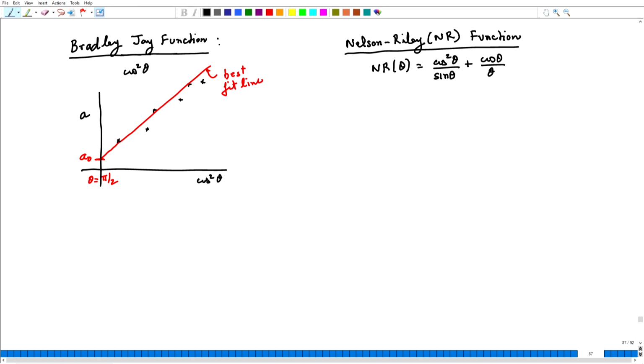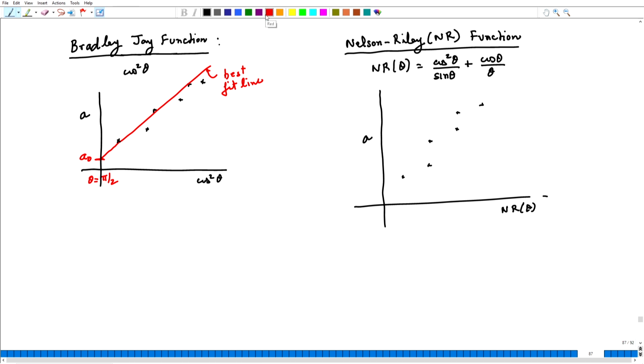Here also we do the same thing with the data. Here on the x axis one puts the Nelson-Riley function, and on the y axis the lattice parameter, and then plot A versus the Nelson-Riley function.